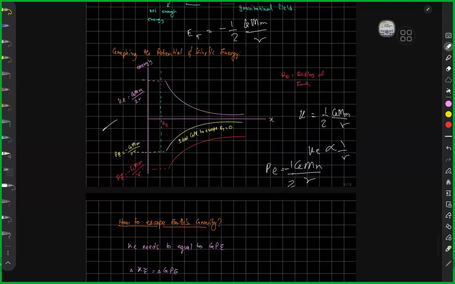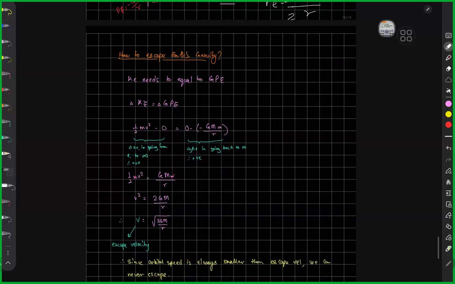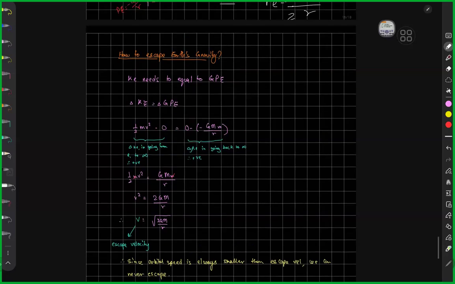Okay. So how to escape Earth's gravity? The KE needs to equal the GPE. So my change in kinetic energy, which is half mv squared, should equal the change in gravitational potential energy. What this essentially means is that I'm trying to find out what the ideal velocity should be.